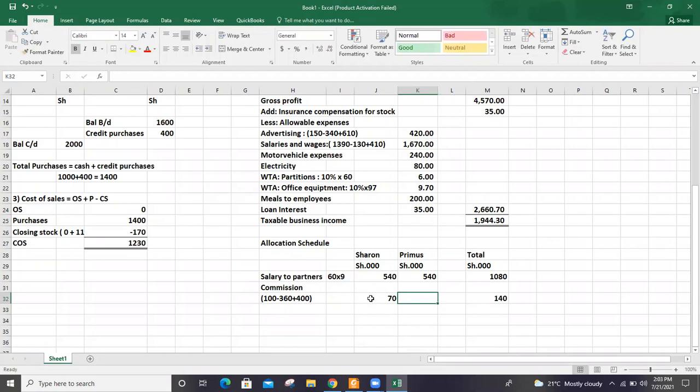We don't have the interest on capital. It's not there. We have the interest on drawings.